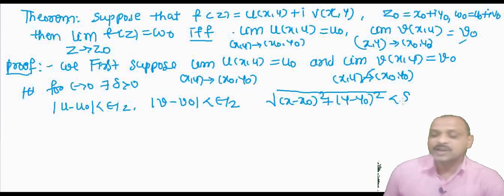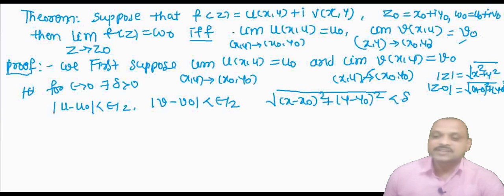Same criteria by applying the modulus value. What is the modulus? Square root of x square plus y square. Here this is from 0, so that will be x minus 0 plus y minus 0 whole square like this.